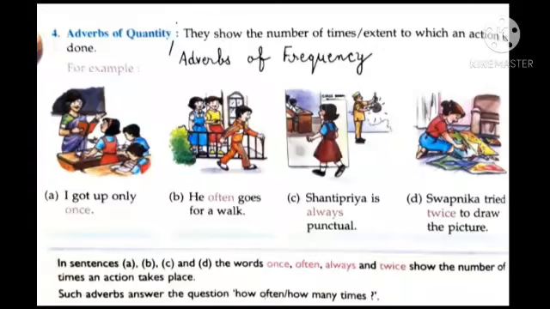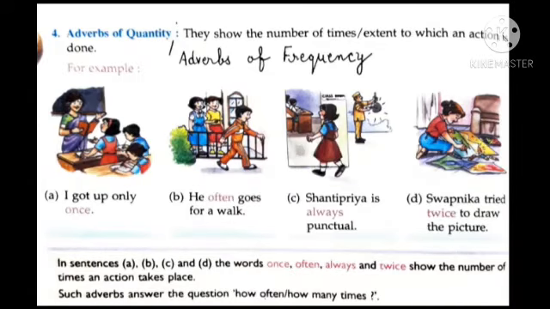The next is adverbs of frequency or adverbs of quantity. Adverbs of frequency tell us how often or how frequently an action is done. How often means kitni bar. For example, I got up only once. He often goes for a walk. Shantipriya is always punctual.